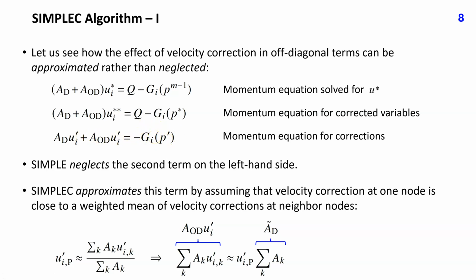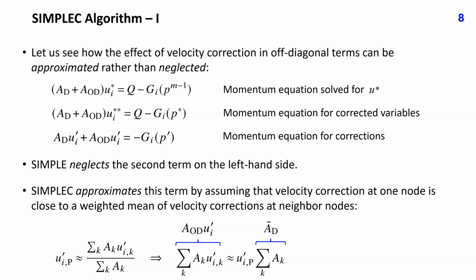The SIMPLEC algorithm approximates this term by assuming that velocity correction at one node is close to a weighted average of velocity corrections at neighbor nodes. This allows us to express the product of coefficients and neighbor velocity corrections as the product of velocity correction at node P with the sum of neighbor coefficients.